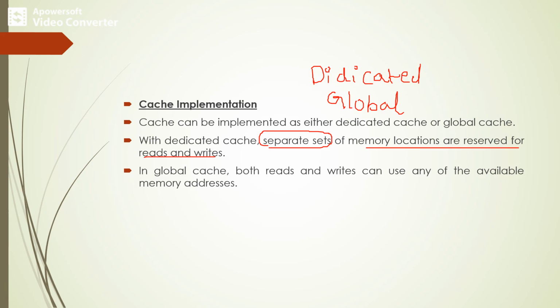So we'll maintain separate sets of memory locations or addresses in order to perform read as well as write operations. But in the case of global cache, whatever the available memory addresses are present, those addresses can be used in order to perform read as well as write operations.